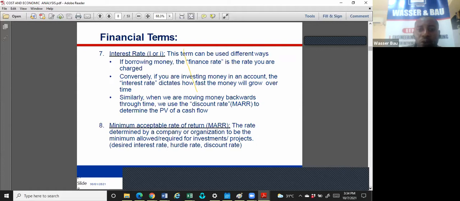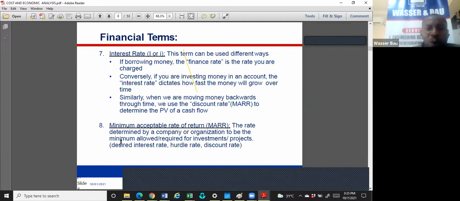Some other people call it the hurdle rate. So I have used up to four terms. All these terms can be used interchangeably. Discount rates, interest rates, finance rates, cost of capital, hurdle rates, they all mean the interest, depending on where you are coming from, whether you are borrowing or you are discounting.